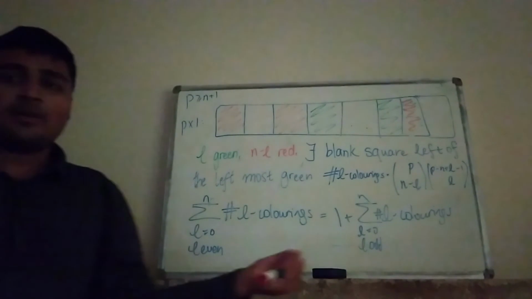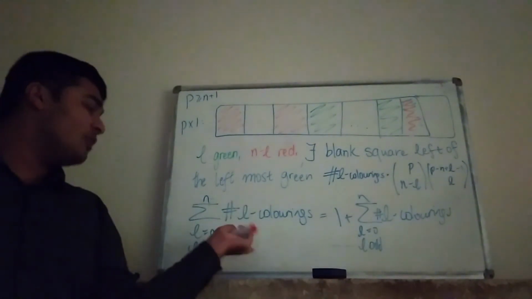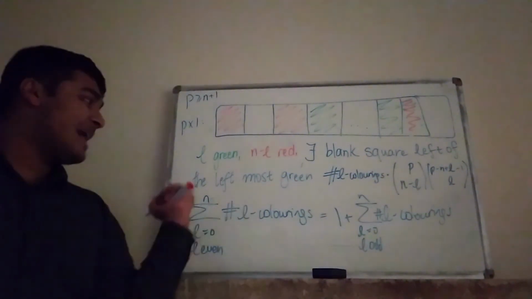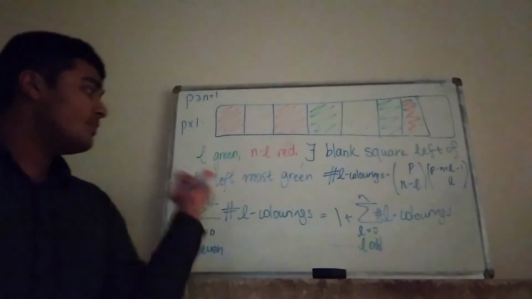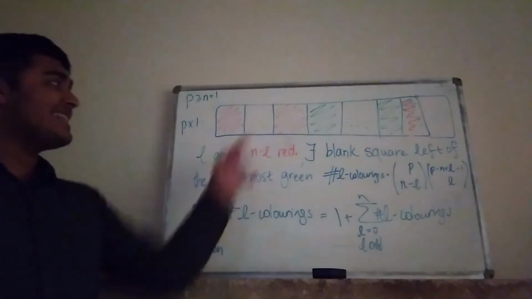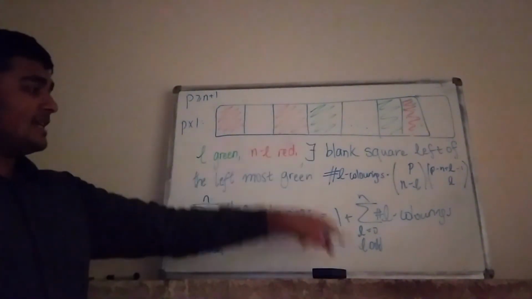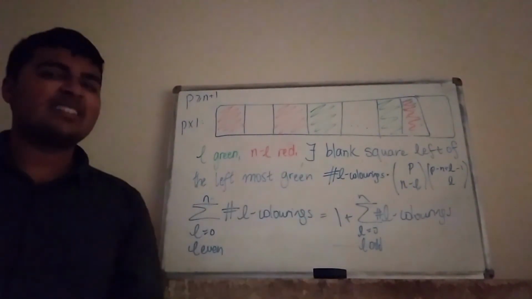That is just by the property I just said: in the case where L equals 0, which is obviously even, we have a valid solution, but there's no corresponding one, because the first n squares are red.